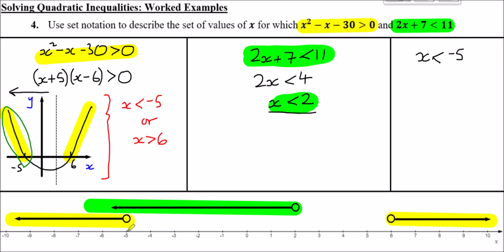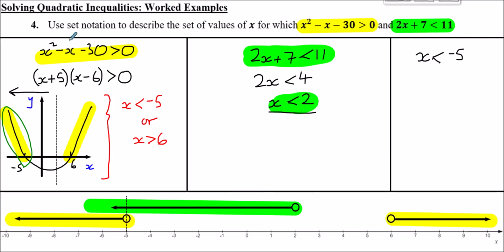And so where they overlap is down at this end here. So it's where x is less than minus 5. That's the only bit of the number line where the yellow is overlapping with the green. Up here, there's no overlap between yellow and green. So that's how a number line could have helped us.